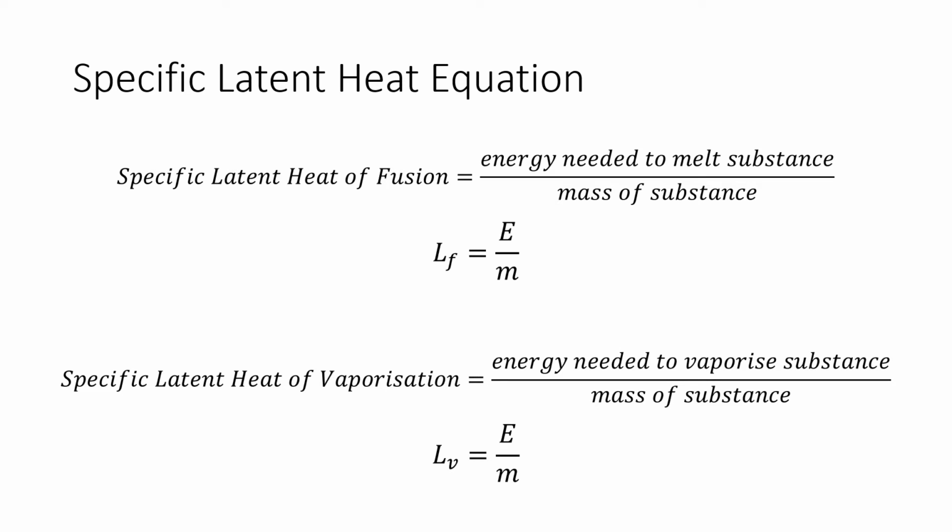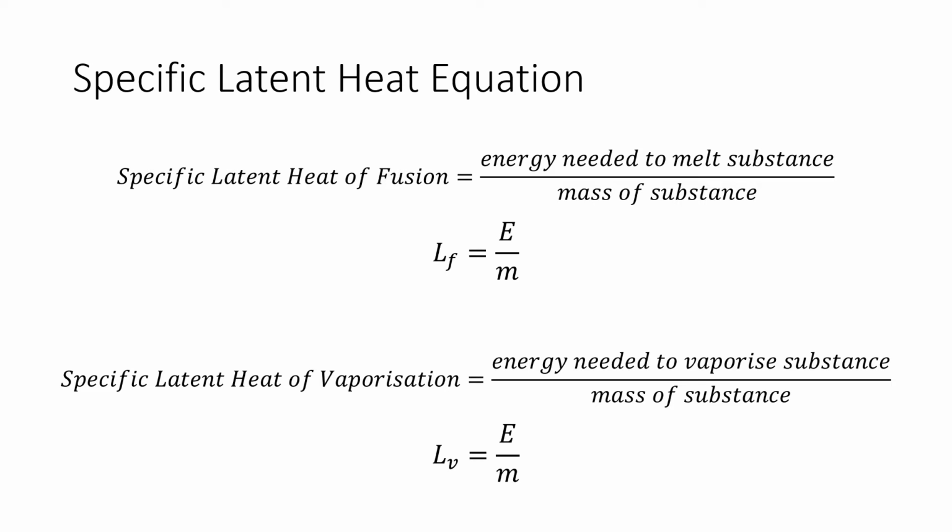So here we have an equation which tells us the specific latent heat for different materials. Now, we have two different versions of specific latent heat, but they're essentially the same. One is fusion, that is to melt something, and one is vaporization, that is to turn something from liquid to gas.